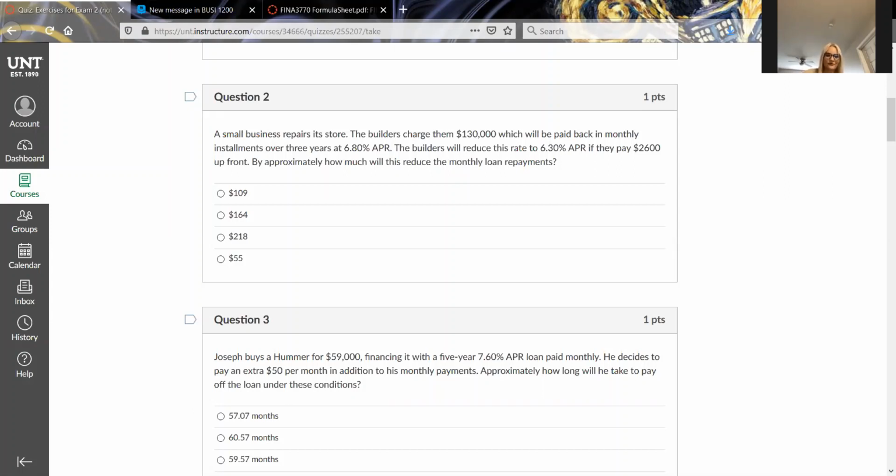Okay, let me go back and see everything. N equals 36, I equals 0.56. Oh, maybe it's because I rounded up. What was it? 0.56, four 6s and then a 7. Okay, let's see. I got the same answer. Should I put anything for future value?